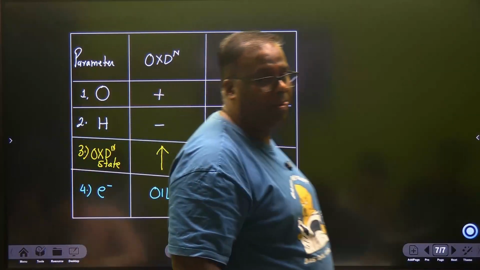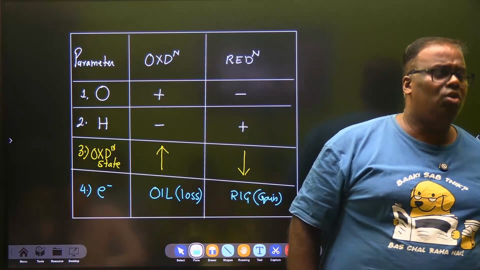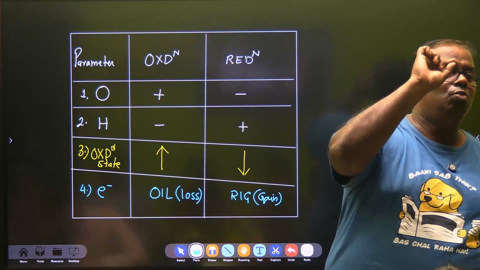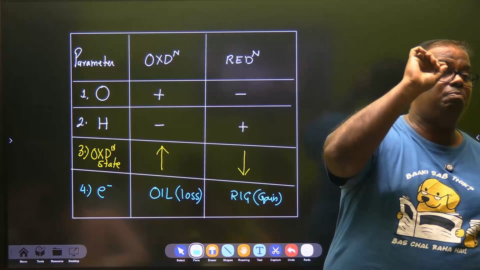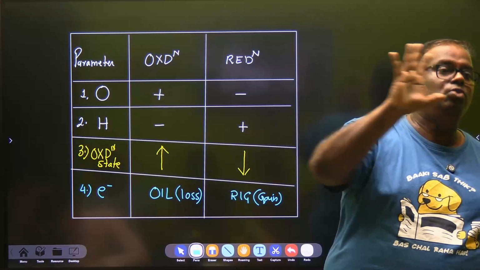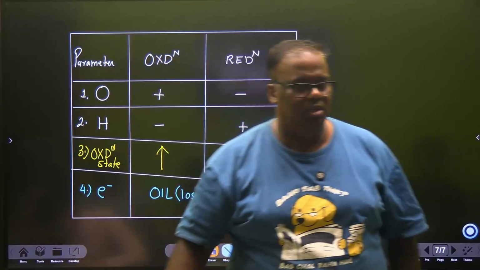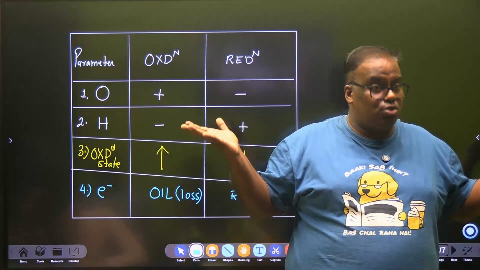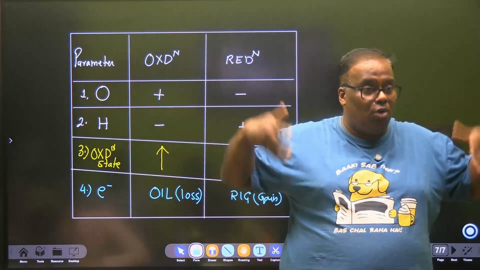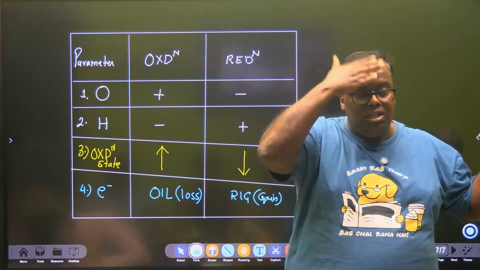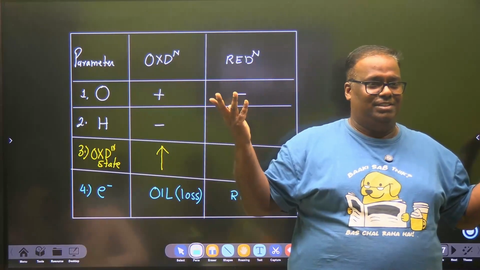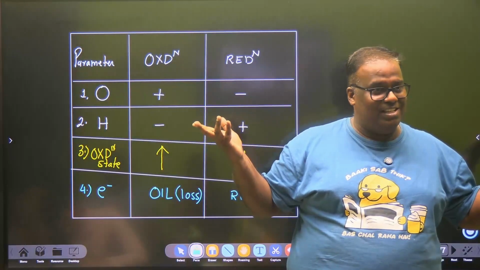So what is the definition of oxidation state? Oxidation state is the nominal charge that appears on an atom when you consider the atom as a part of a neutral molecule. H2SO4 is a neutral molecule. In that molecule, what was the nominal charge on sulfur? +6.